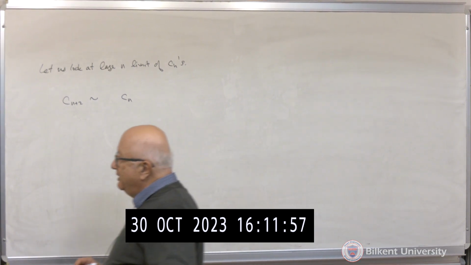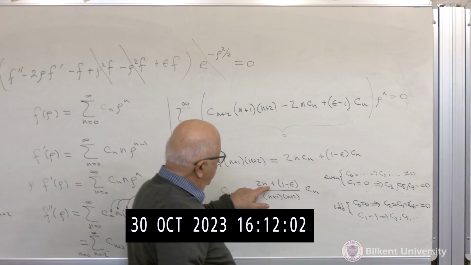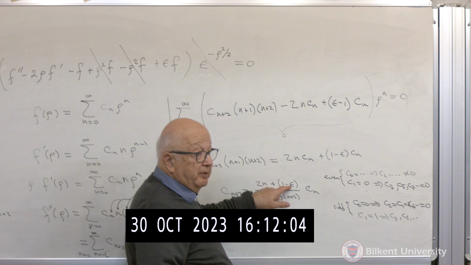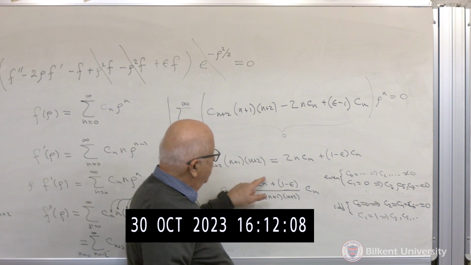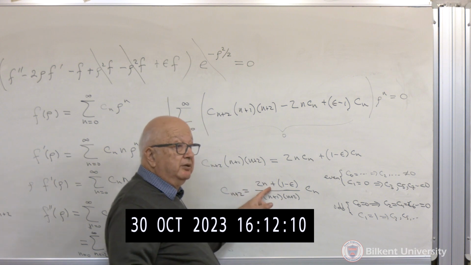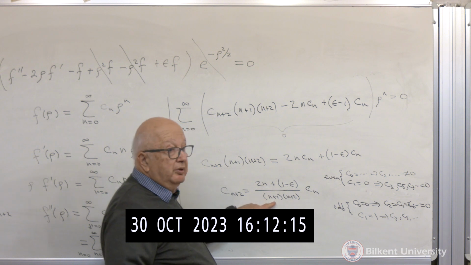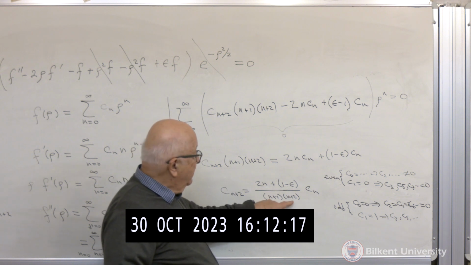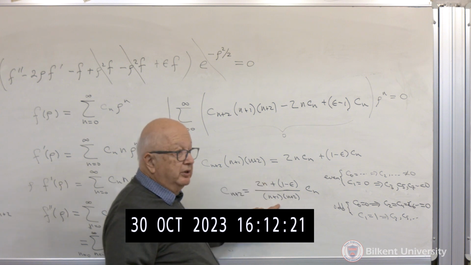Yes, in the limit n becomes very large, this term becomes very large compared to this term. So the numerator becomes approximately 2n, and the denominator, this term is approximately n, that term is approximately n, so it's 2n over n squared, right?